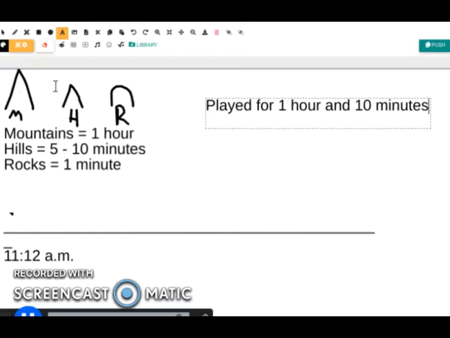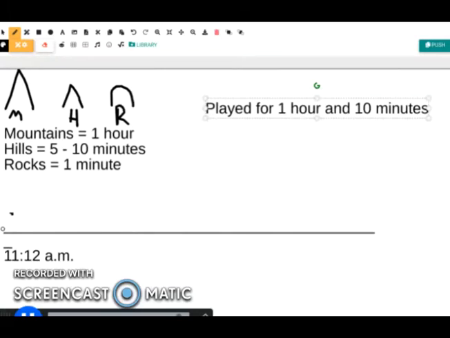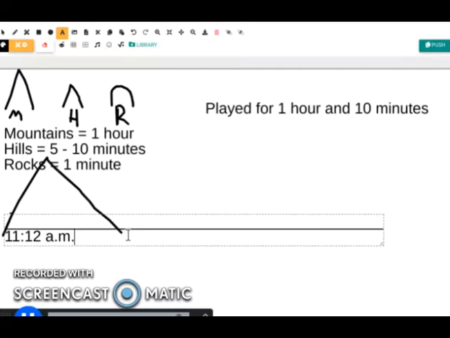I want to think about getting rid of that hour first. So the first thing that I'm going to do is draw me a mountain. And I'm going to draw that mountain, and I'm going to determine what the next time will be. And according to that, the time here, if I'm looking at the next hour, I know that the next hour after 11 is 12.